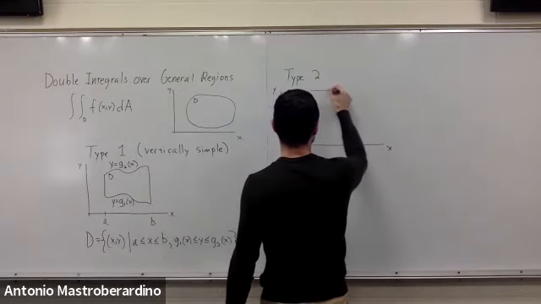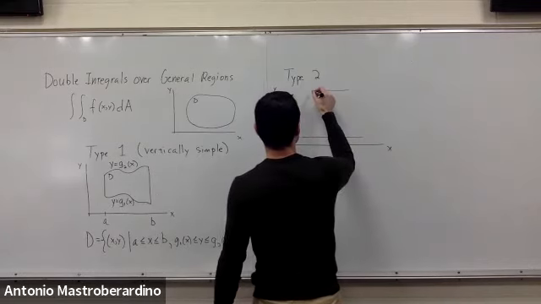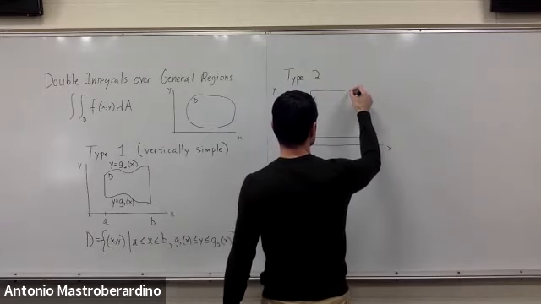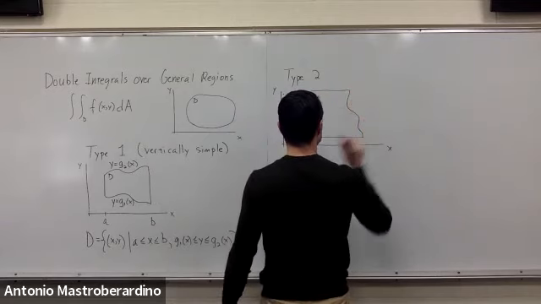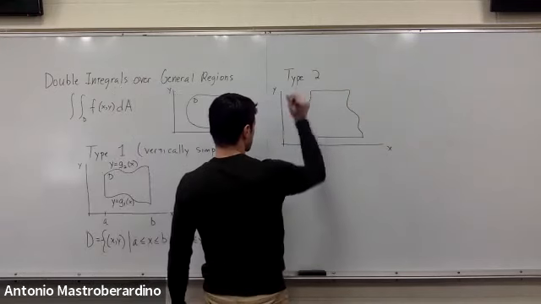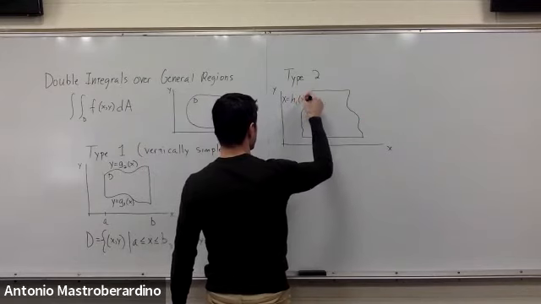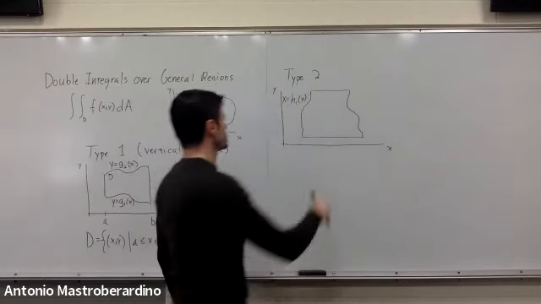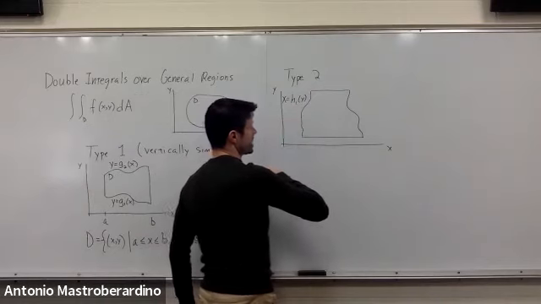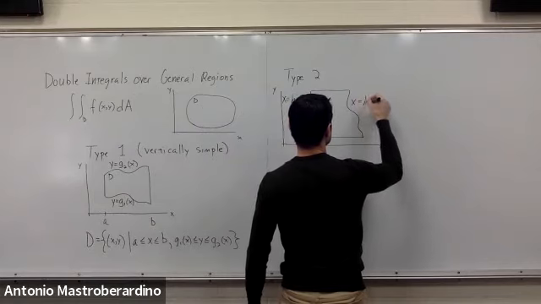So something that would look like this. And then the other part of the boundary is a curvy curve where those curves, in this case for type 2, we could define x as a function of y. Okay, so for this curve, I'm going to call that curve h1 of y, and this curve here, I'm going to call that h2 of y.